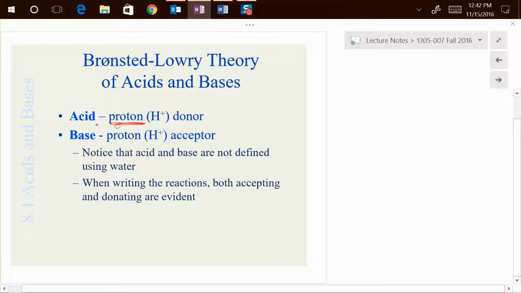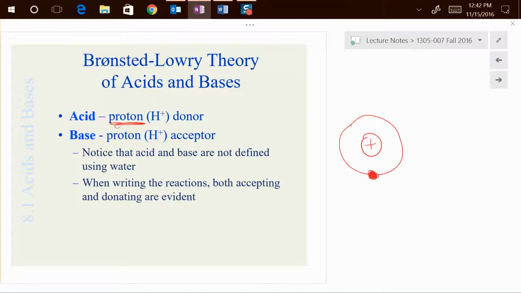So why do we call it a proton? Well, if you consider hydrogen, it has one positive charge in its nucleus, one single proton, right? And surrounding that nucleus is one energy level that has one electron on it. That one electron is orbiting that proton. Well, if I become H plus, what happened?